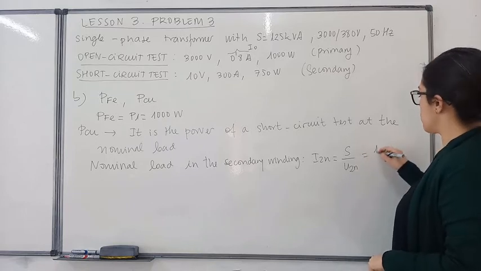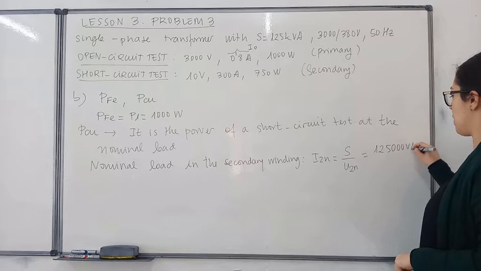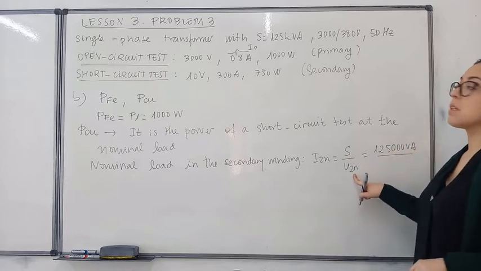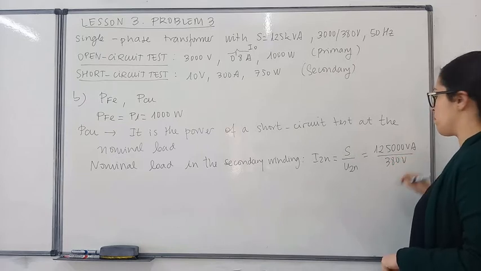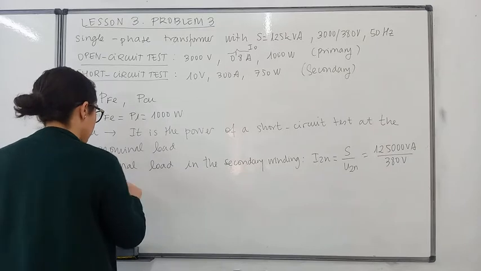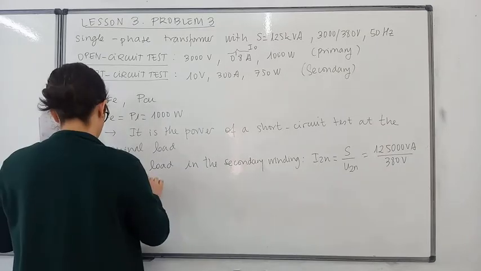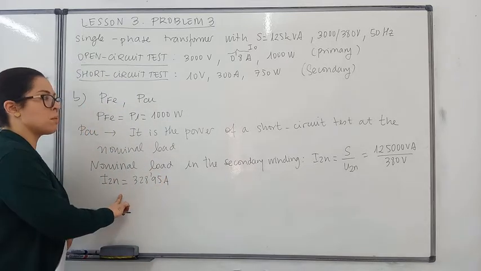The power of the transformer is 125 kVA, so this in volt-amps, divided by the voltage in the secondary winding, which is 380 volts. That gives a nominal load of 328.95 amps.